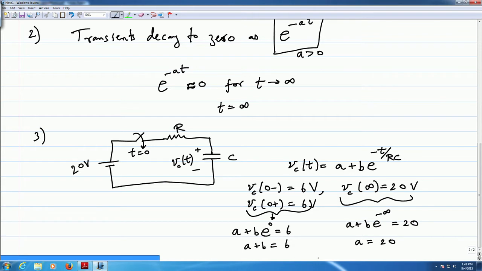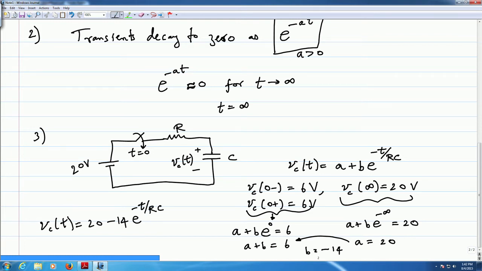So, a is 20, a plus b is 6. You use this and you get b equals minus 14. So, overall the answer is going to be Vc of t equals 20 minus 14 e power minus t by RC.